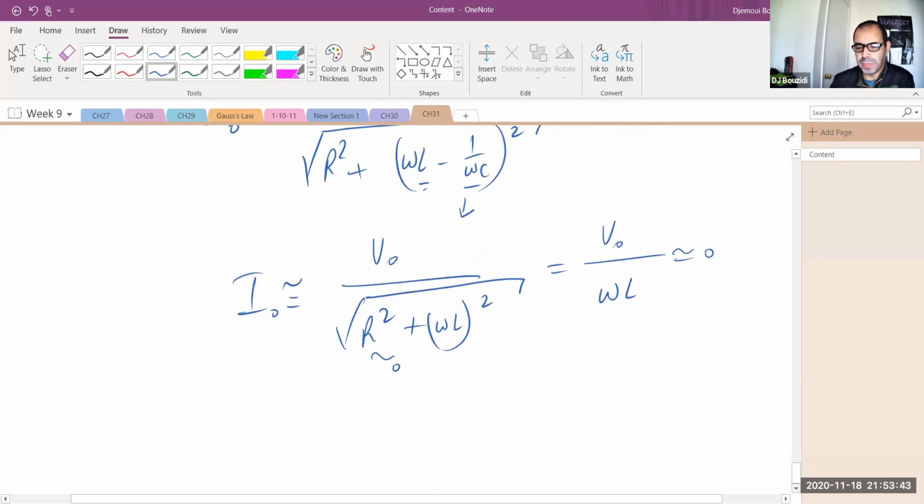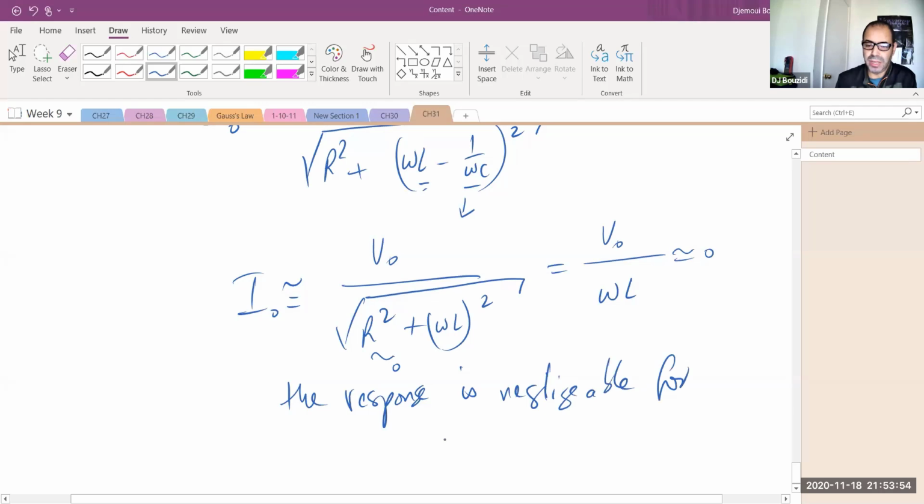So the response is negligible for high frequencies. So it's very small for low frequencies, it's very small for high frequencies.